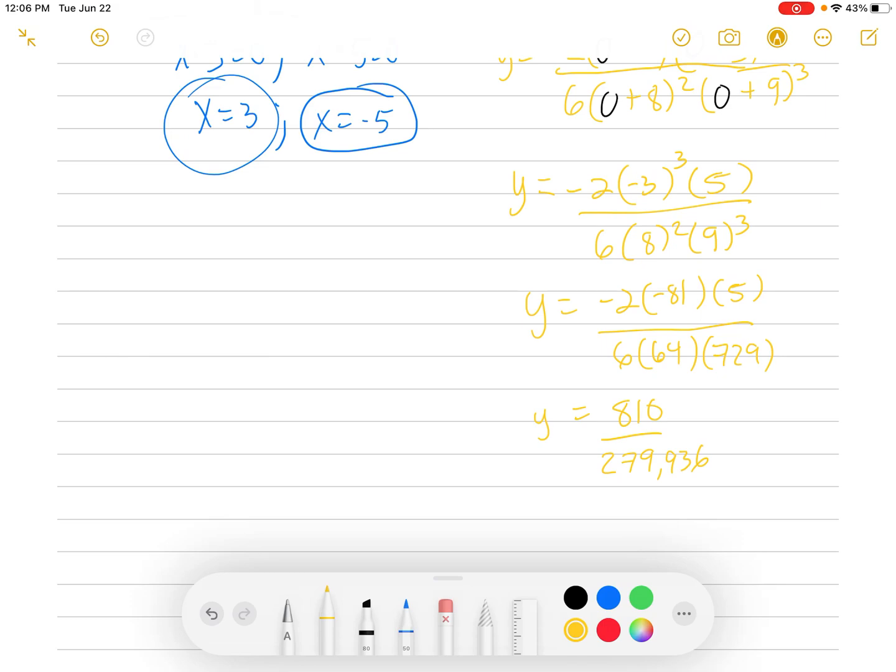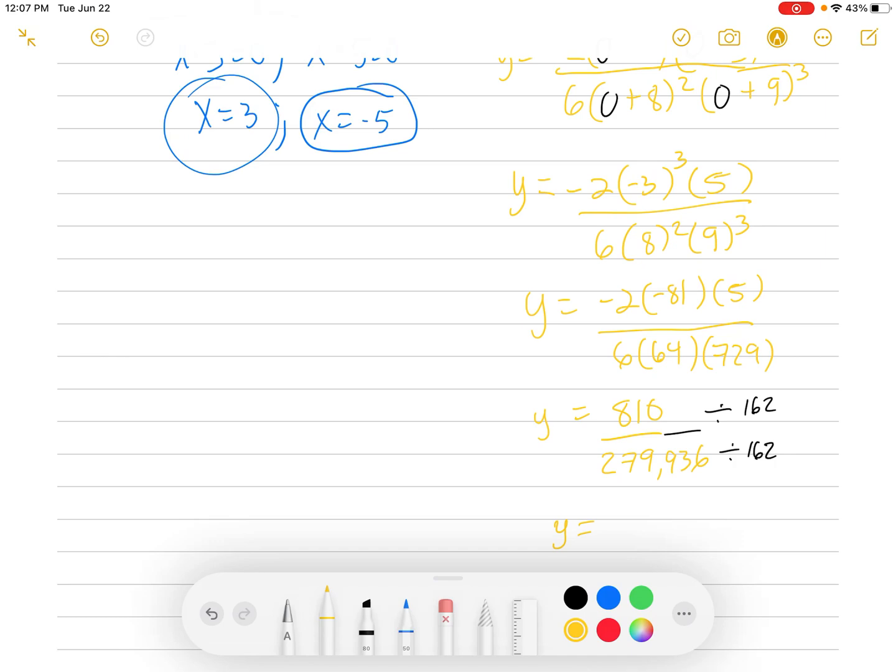And I believe you can actually reduce this. You don't have to reduce it, but if you want to, you can. Let's see, what can we divide out of the top and the bottom? I believe we can divide 162 out of the top and also out of the bottom. Both have a 162 in common.